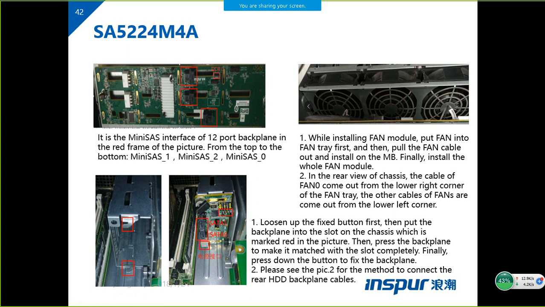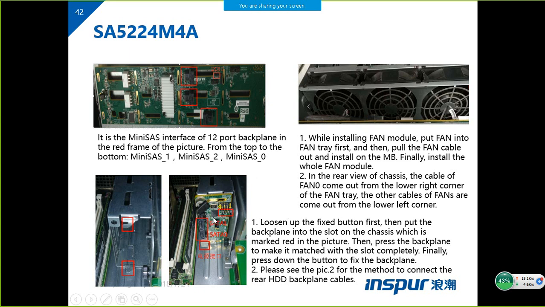In the rear view of the chassis, the cable of fan 0 comes out from the lower right corner of the fan tree. The other fan cables come from the lower left corner. This picture doesn't show that corner at this position.